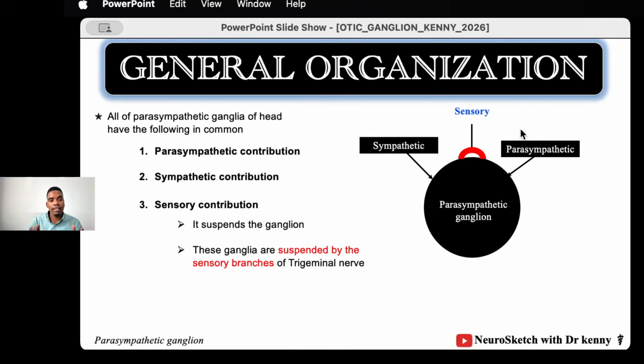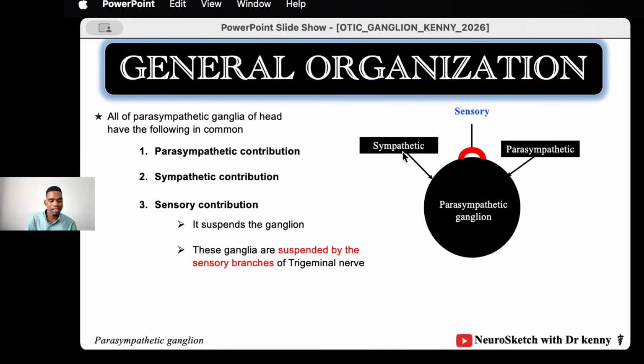Generally, these four parasympathetic ganglia of the head are suspended to the sensory branches of the trigeminal nerve. They do not really contribute to the functionality of these ganglia, but rather to the physical, anatomical, topographic connection.